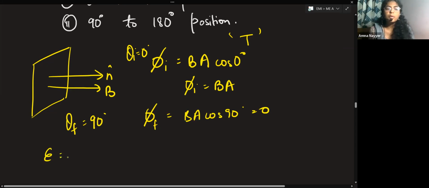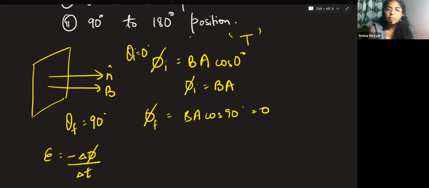Now EMF is what? Minus delta phi divided by delta t. So delta phi will be what? Magnitude is right, something else is missing. Just see. So EMF is minus delta phi divided by delta t.